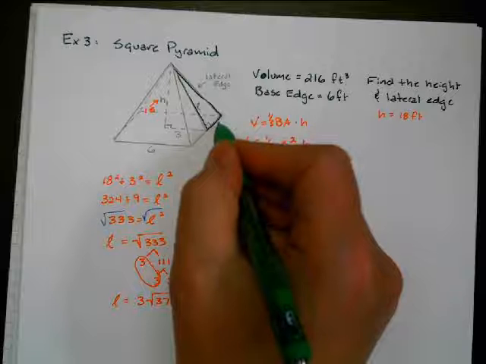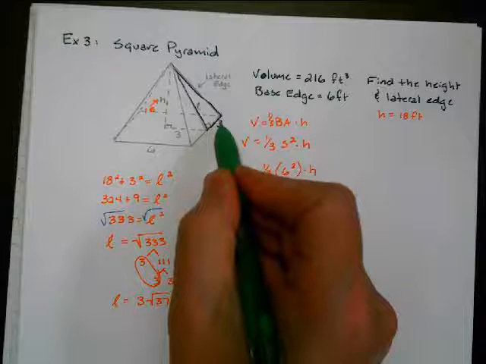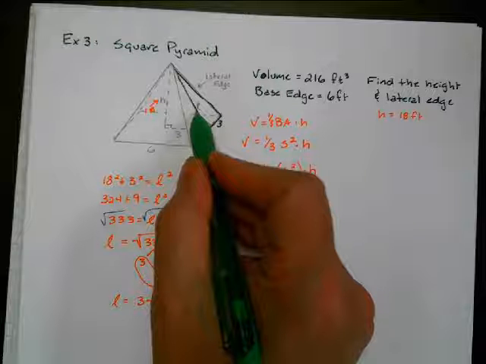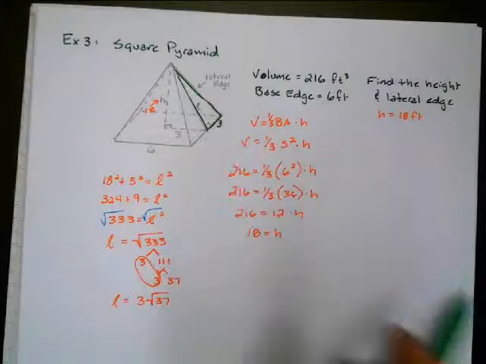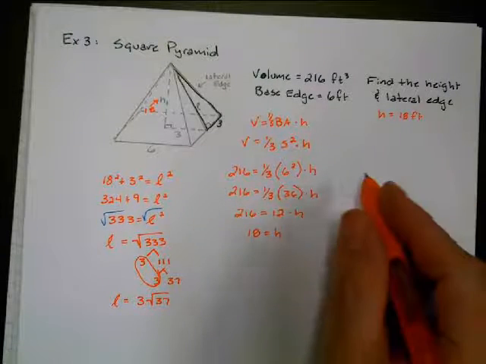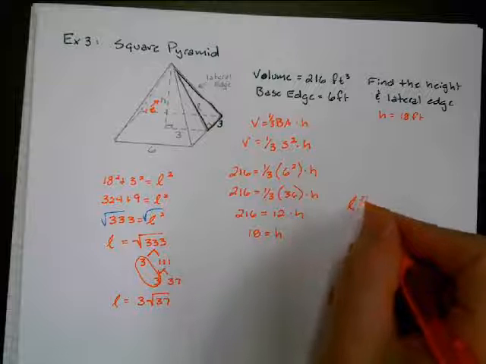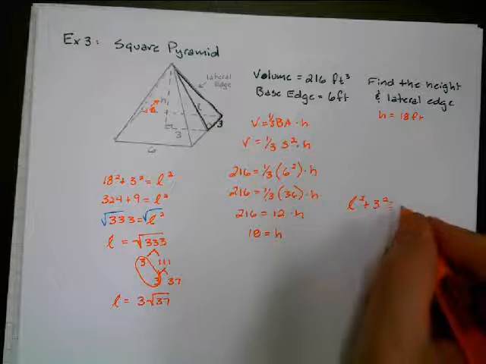So now I can do 3 squared plus the slant height squared equals the hypotenuse squared, which is the lateral edge. So I'm basically going to do the Pythagorean theorem twice. So I'm going to do L squared plus 3 squared equals the lateral edge squared.